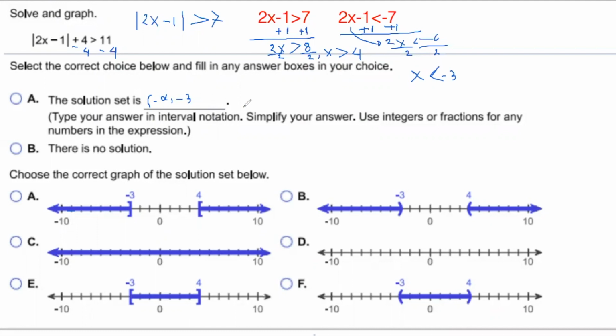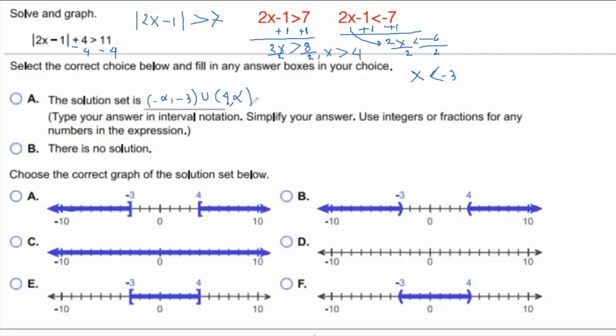And as you can see, it is less than, so the negative 3 is not included in the solution set. So that will be a parenthesis. Then union, the x value can be more than 4. So it starts at 4, but 4 is not included. So it can be any number more than 4, but not exactly 4. So 4 to infinity.